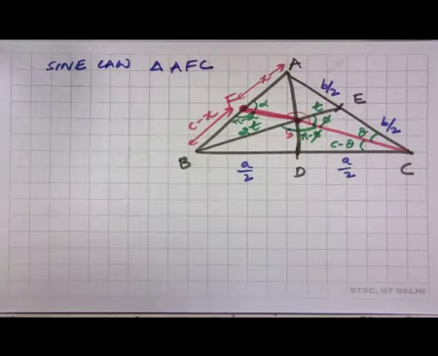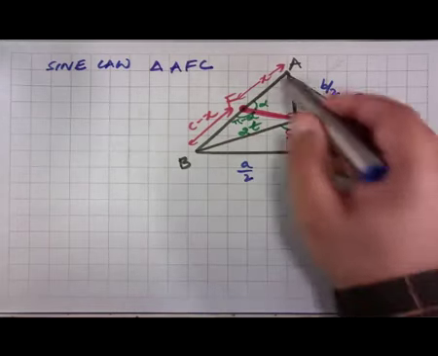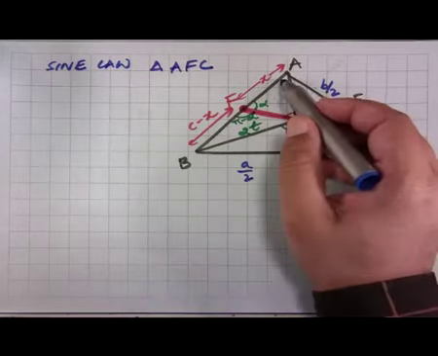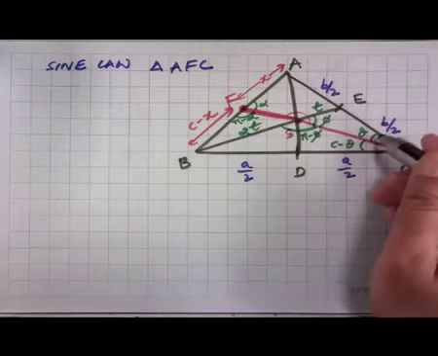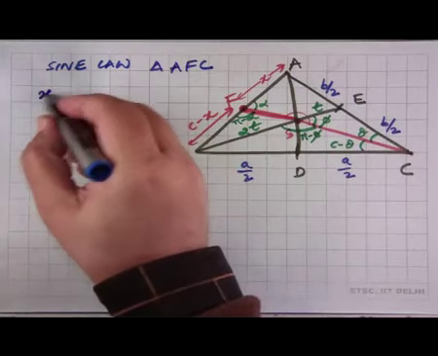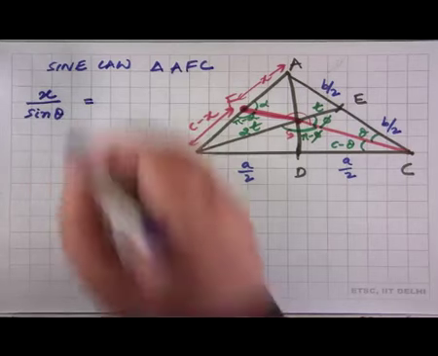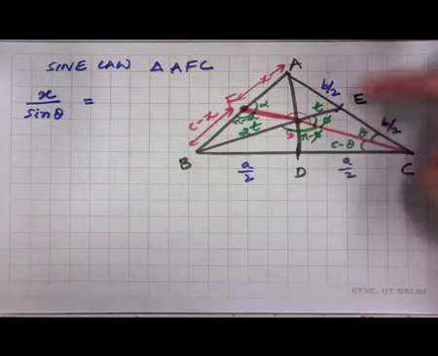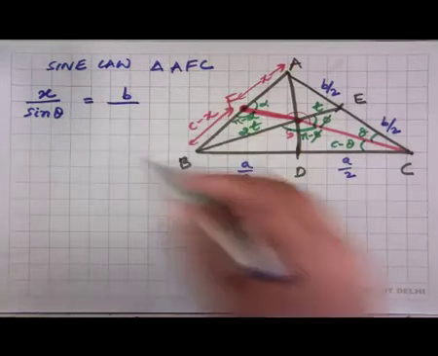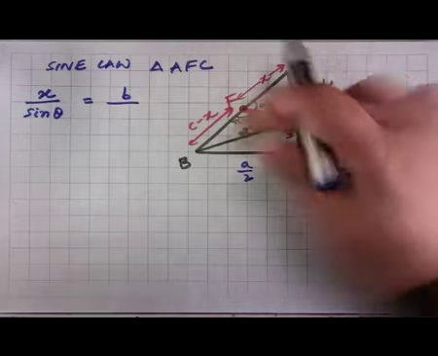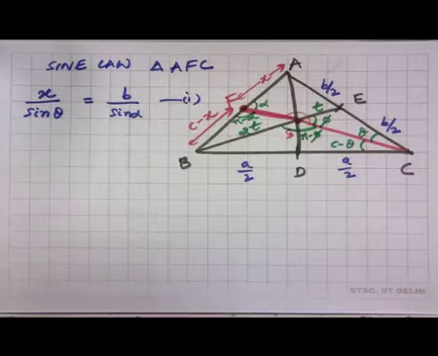In this triangle, x divided by the sine of the angle opposite to it, so x upon sine theta, equals b upon sine of the angle opposite to b, which is alpha. So, b upon sine alpha. This is our first equation.